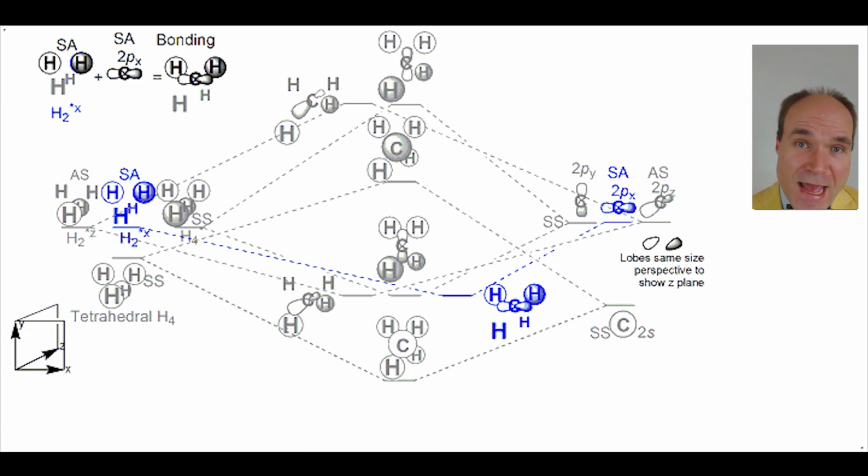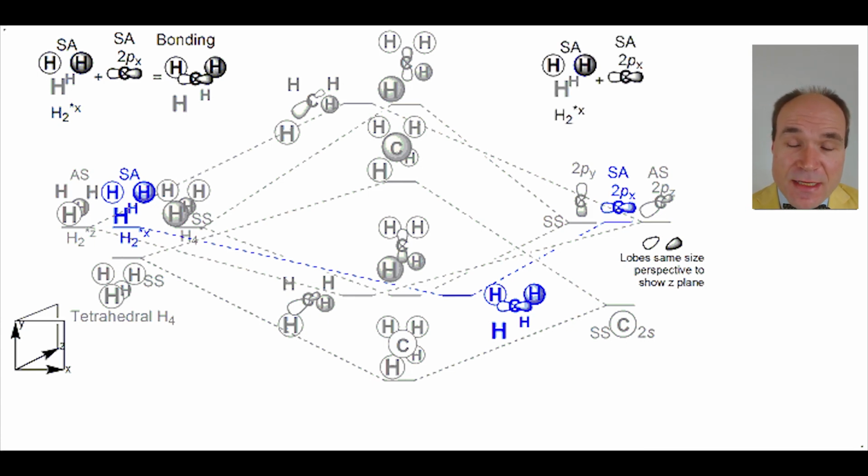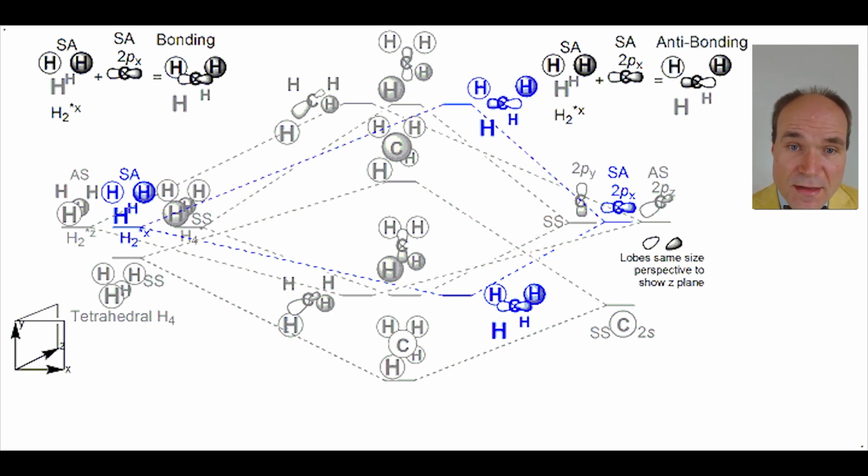So between the AS case and the SA case, all hydrogens are being bonded to the carbon in some way or other. Again, by inverting one of the partners' sense of phase of electron, we go from having all bonding interactions to having all anti-bonding interactions, and this is the anti-bonding orbital. You can see that this is also degenerate with respect to energy to the recently discussed SS case and also the AS case.